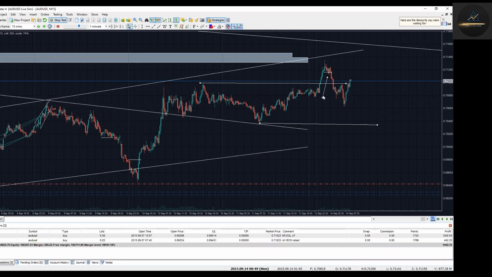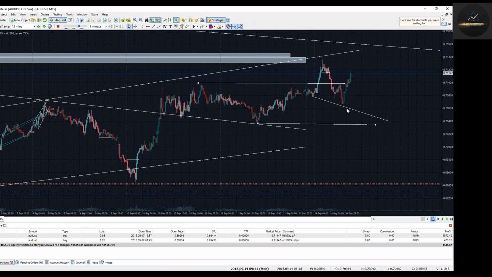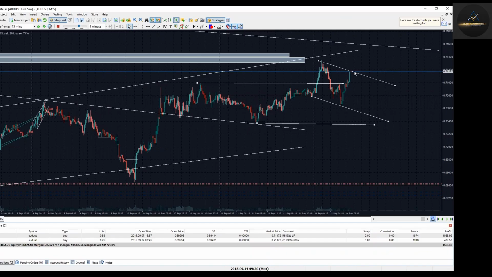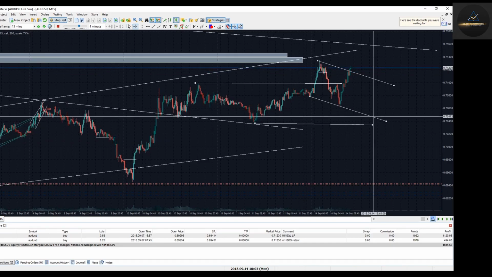Right, so there's a potential pattern forming here. So if we get, this is on the M15, if we get a move lower from this point, I'll be looking for longs down here somewhere.